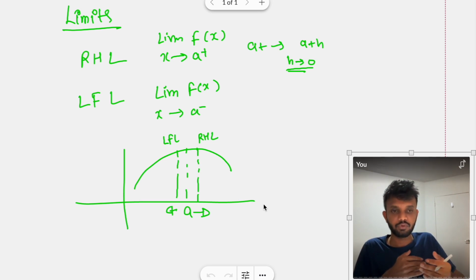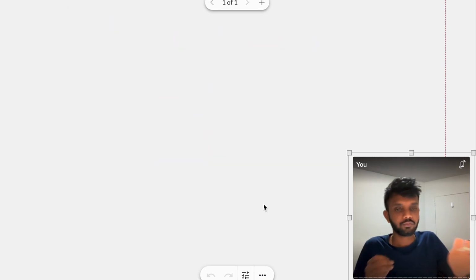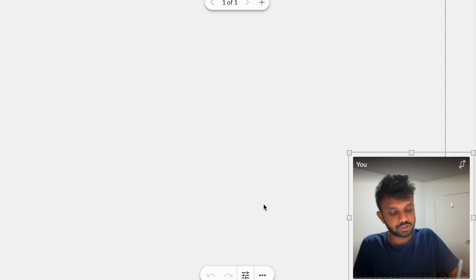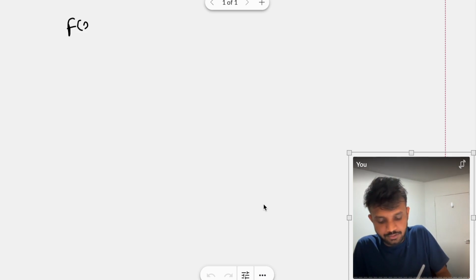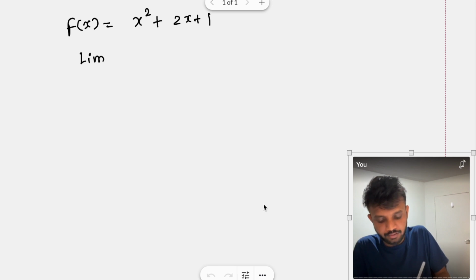Now we'll discuss how to solve problems of limit. Suppose a function f(x) is given as x square plus 2x plus 1, and we want to find the limit of f(x) as x tends to 1.